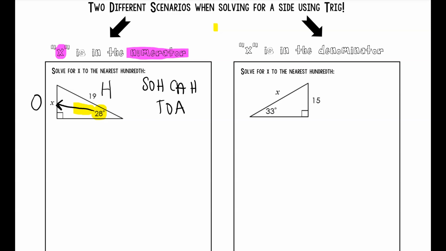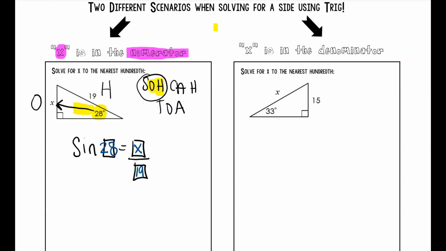And if I have the opposite and the hypotenuse, that means I'm using sine. So the template would be sine of the angle is equal to opposite over hypotenuse. You're going to fill in that information. So in this spot here, we'll go the 28 because the angle always goes there. The opposite side was X, and the hypotenuse is 19.